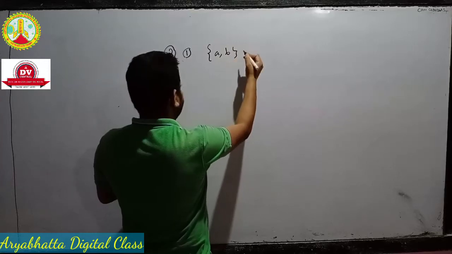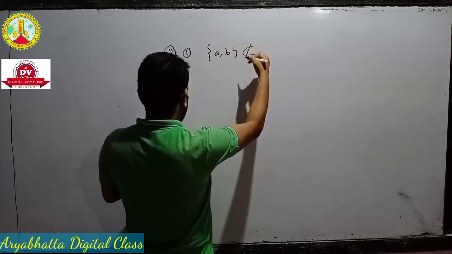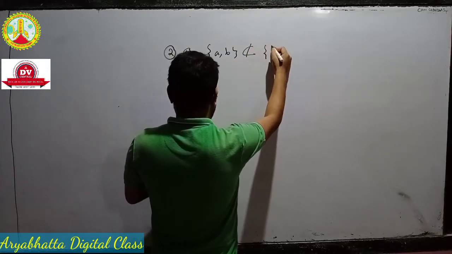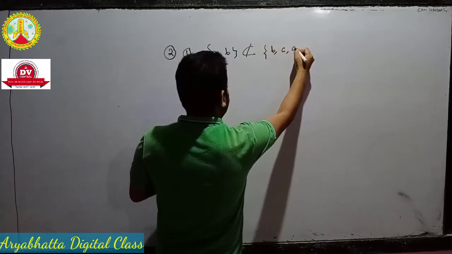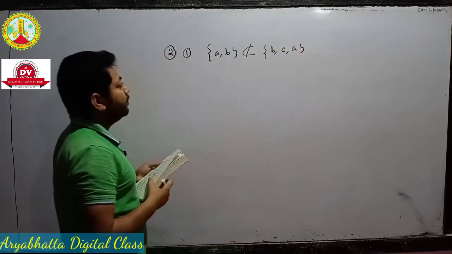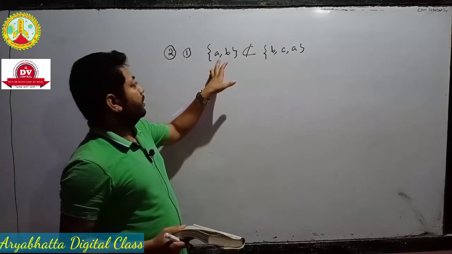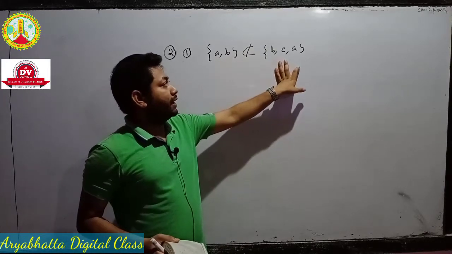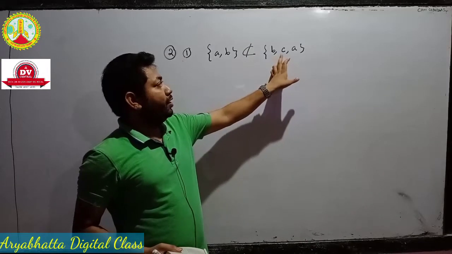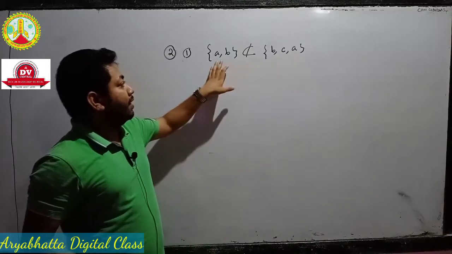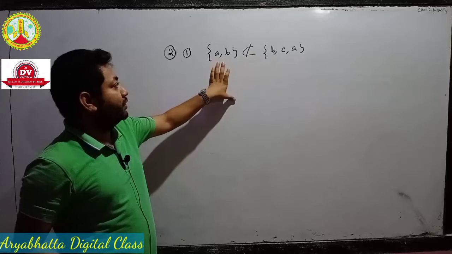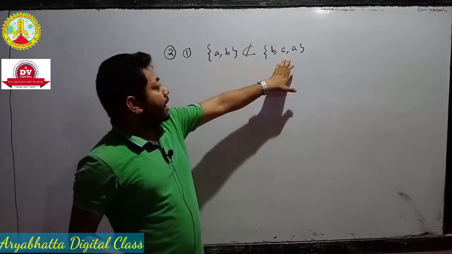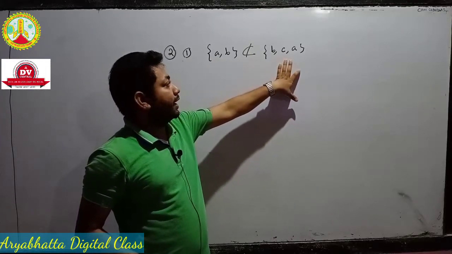The set A, B is not a proper subset of the set B, C, A. Here, the elements of the first set are A, B, and the elements of the second set are B, C, A. Every element of the first set is also an element of the second set.